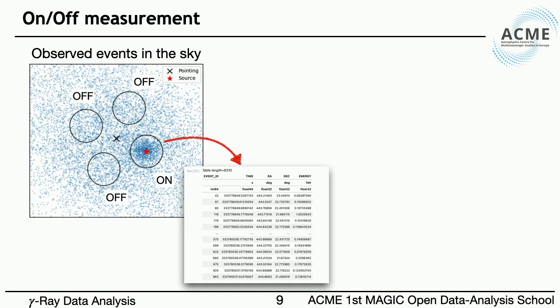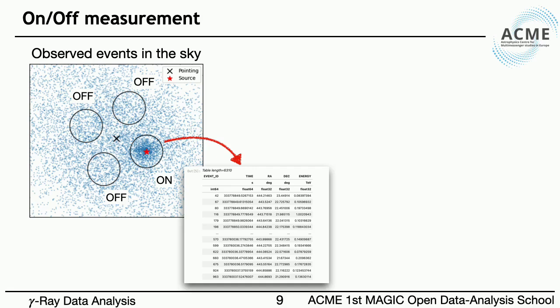The telescope is pointed, shown here with a black cross, with a small offset away from the source. The source position instead is shown here with a red star, and the offset is usually of the order of 0.4 degrees, but it might change for different instruments.